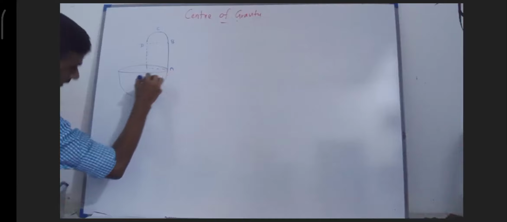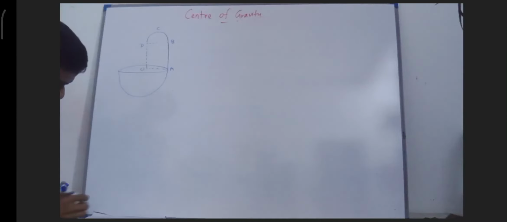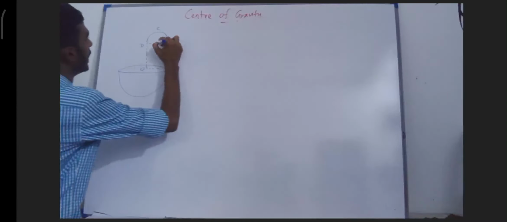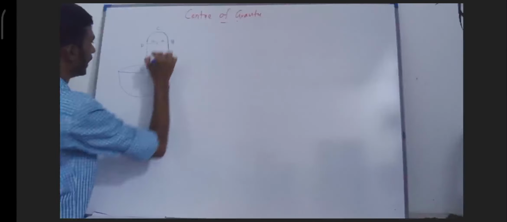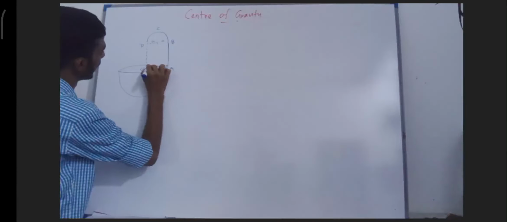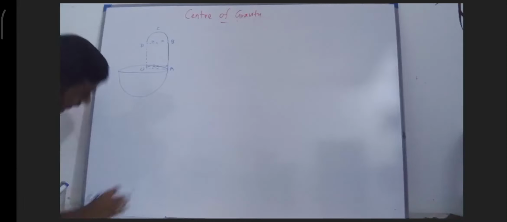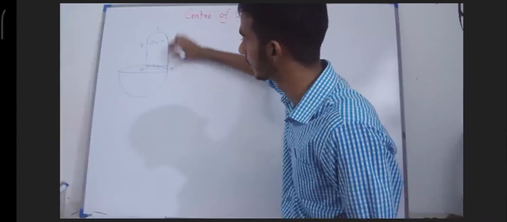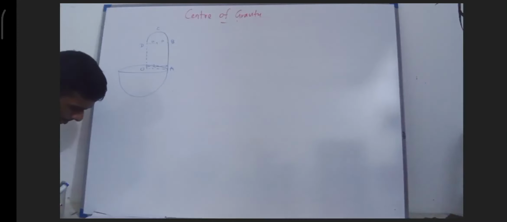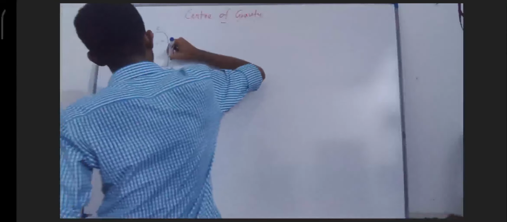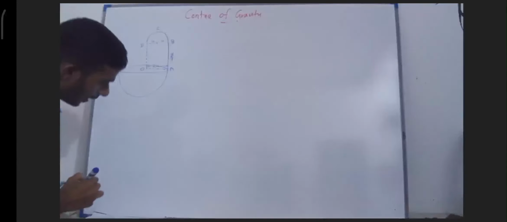This is A and this is O. And they are telling this is A and this is A. This is 2A. And this length, the straight portion of the spoon, is 2 pi A. So this is 2 pi A.